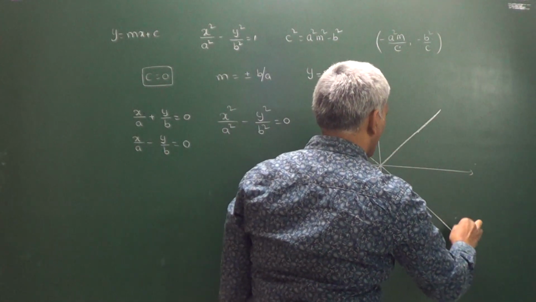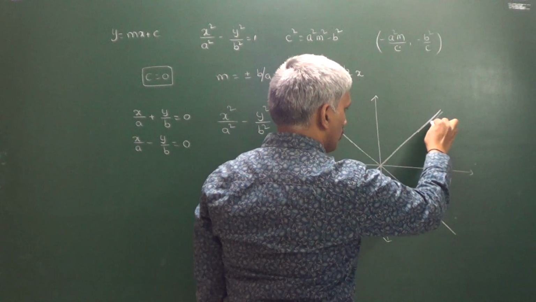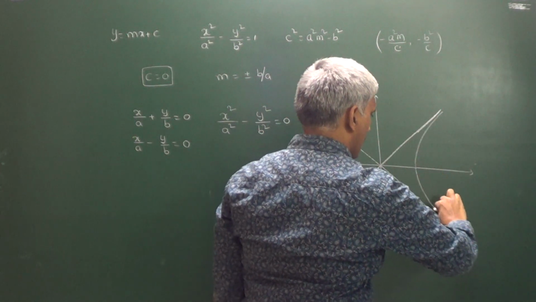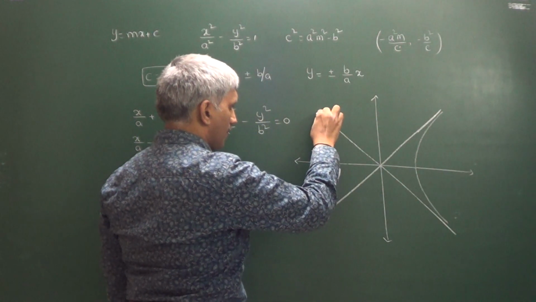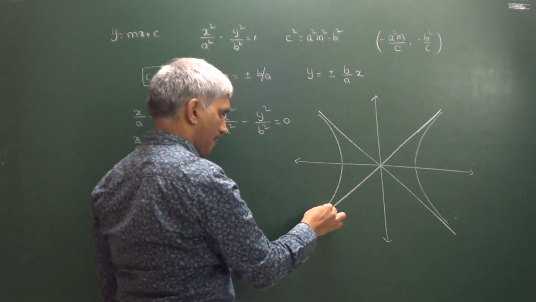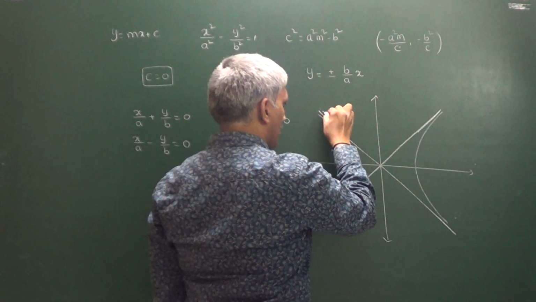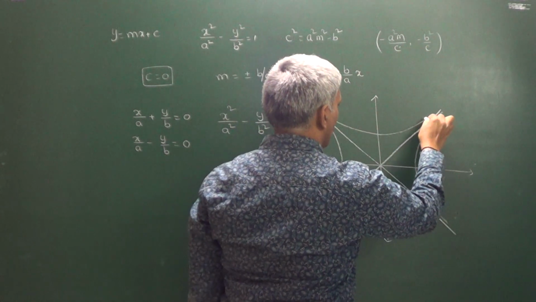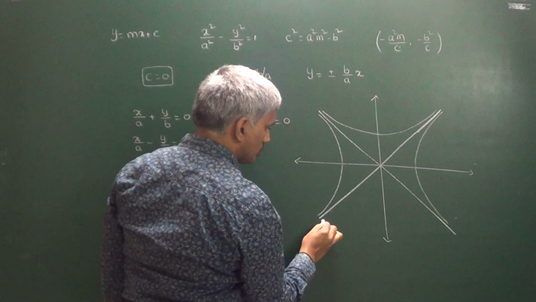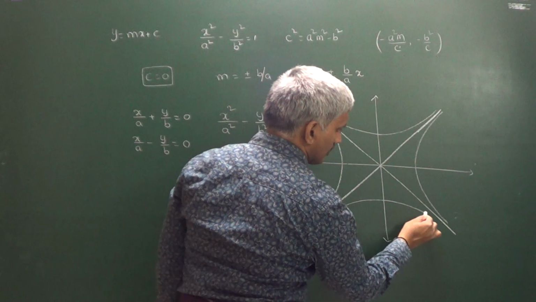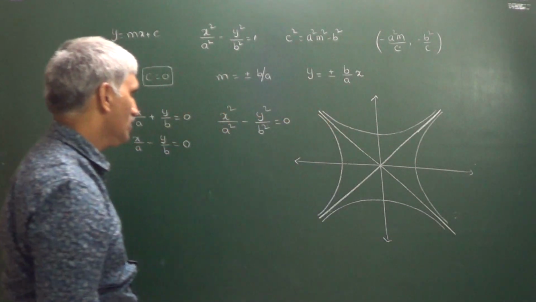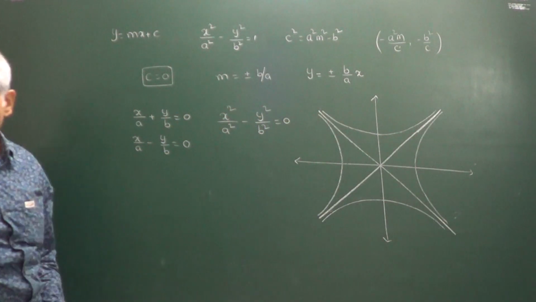Now this is a hyperbola, and this is a conjugate hyperbola. For the hyperbola or the conjugate hyperbola, the asymptotes are the same. So that's why we got this information here.